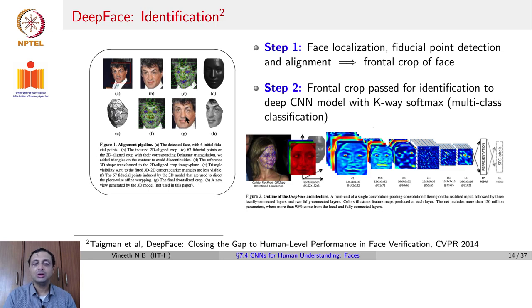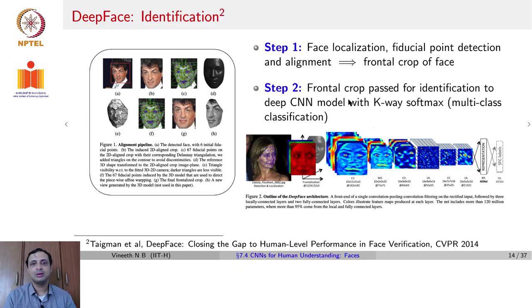And finally, since we now have the 3D model of the same person's face, you could also generate other poses of the same person. So the frontal crop that we talk about here in step 1 is this image G, which you can see is fairly well normalized when you compare to the image B.